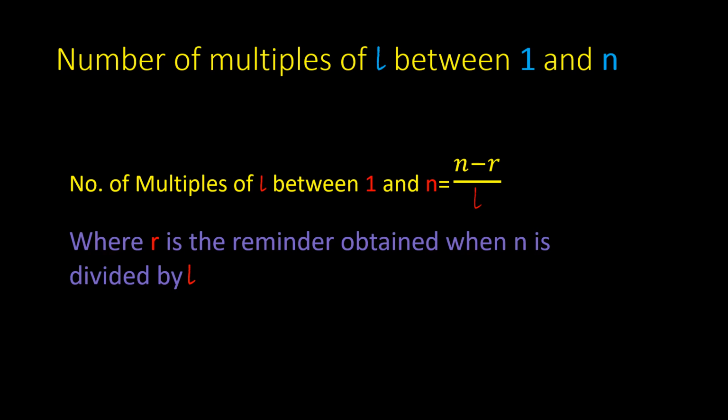So let's say we want to find the number of multiples of 2 between 1 and 10,000.